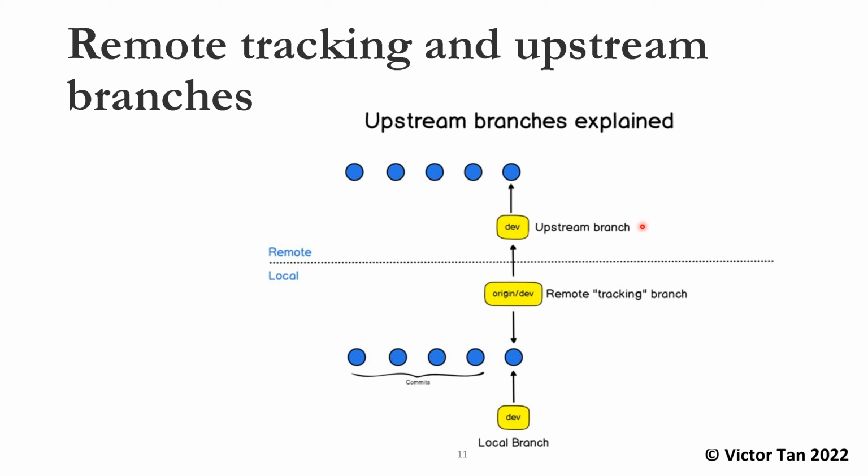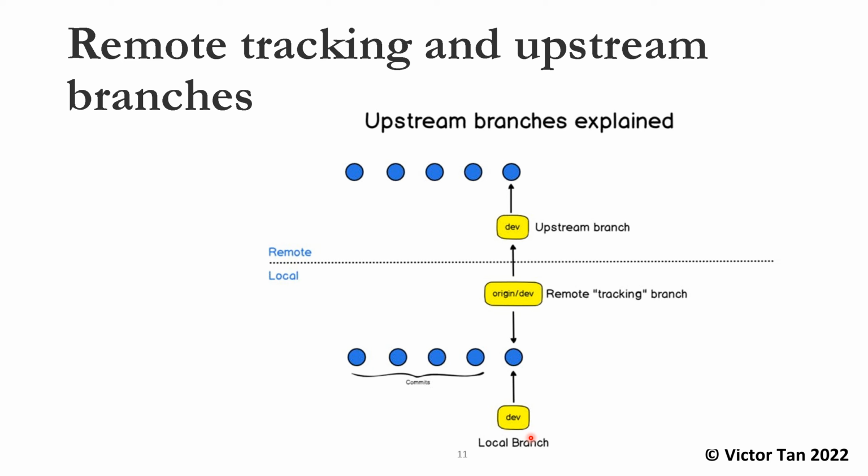So we know what an upstream branch is, and we know what a local branch is. Now we have an extra thing to make your life super complicated, which is called the remote tracking branch. What is the purpose of the remote tracking branch? It is to join or link the upstream branch with the local branch.